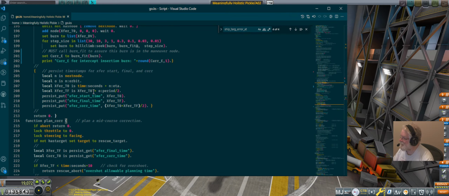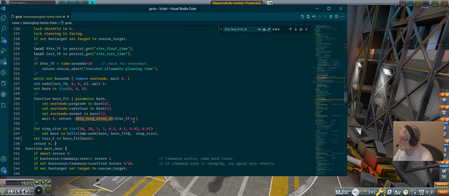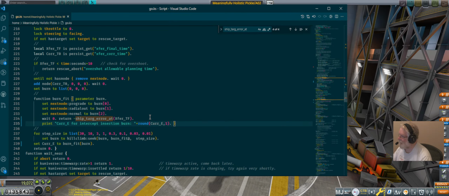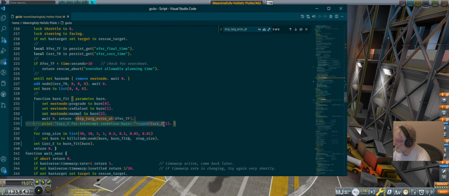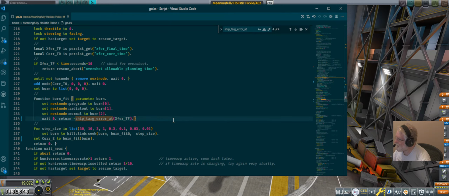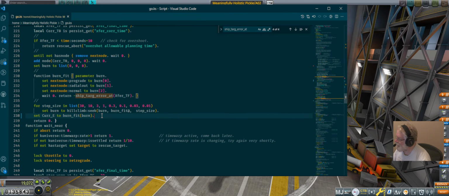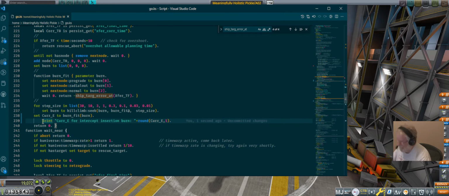and I didn't think in terms of, hey, wouldn't it be nice to print it out? Whoops, that's the wrong place. Sometimes when I scroll around, I don't get back to where I thought I was going to be. So the current E for intercept correction burn.